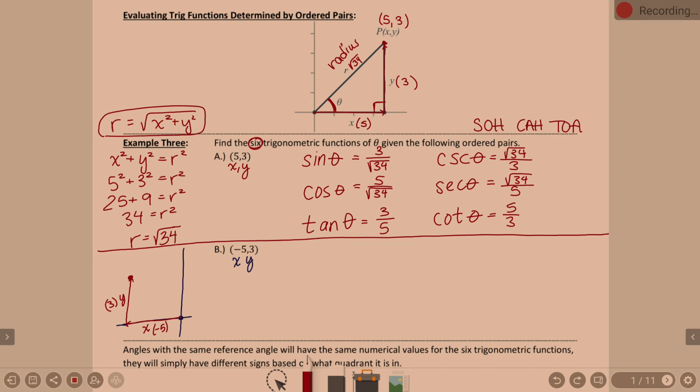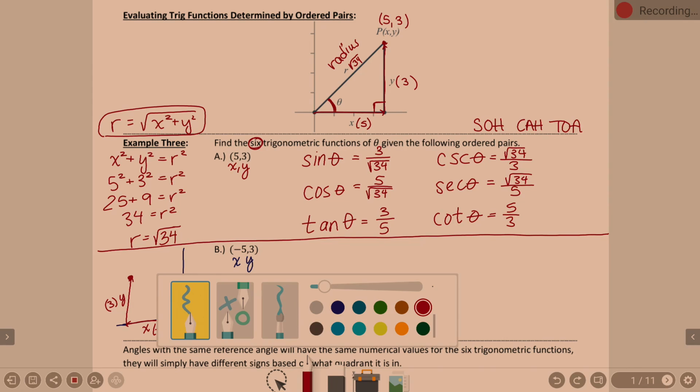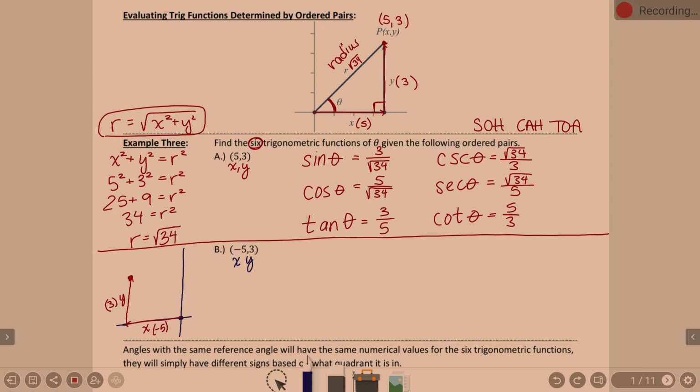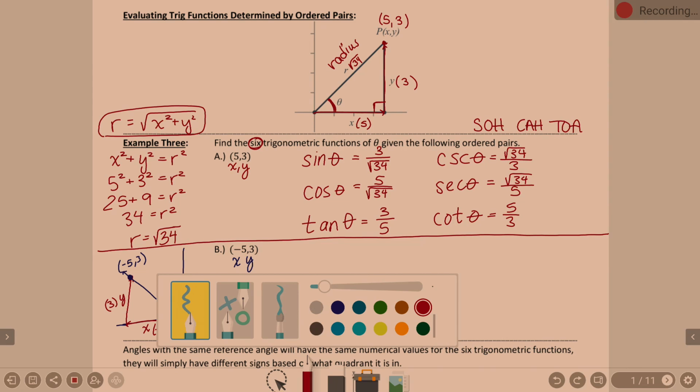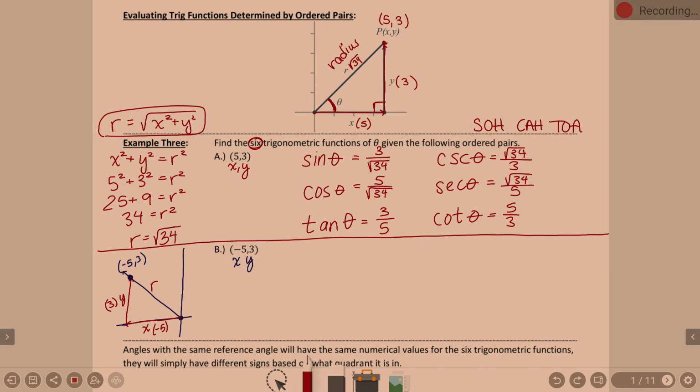And we're going to that point that we can call negative 5, 3. Okay, and that point is on a radius, isn't it? So the only difference is we have a negative length on one of our sides.